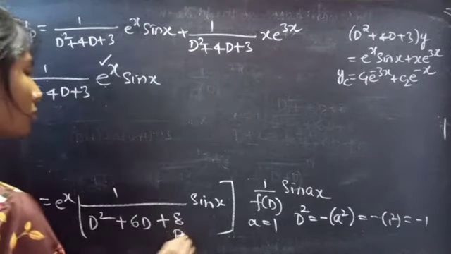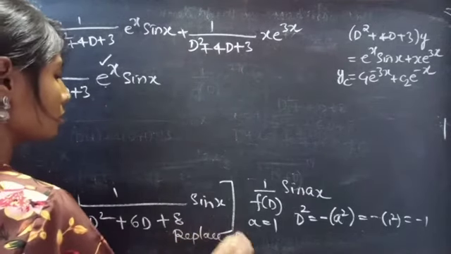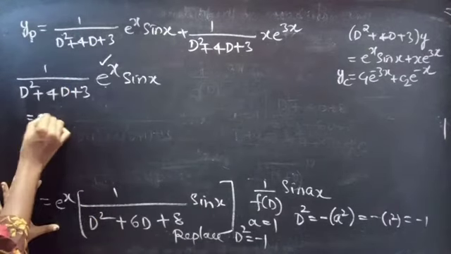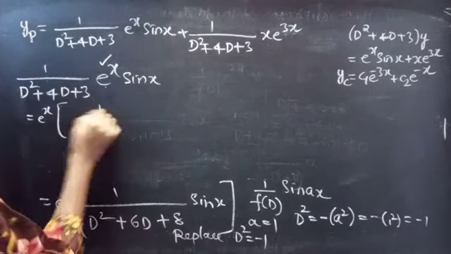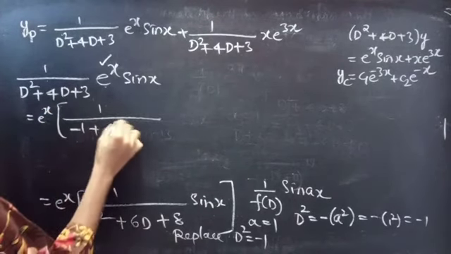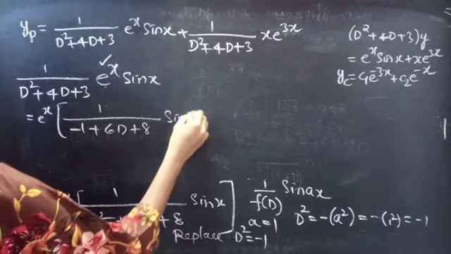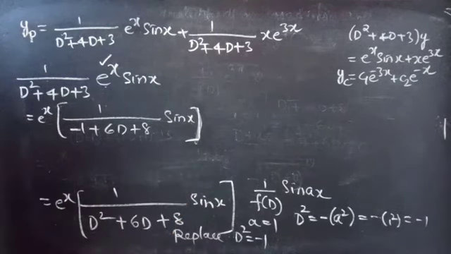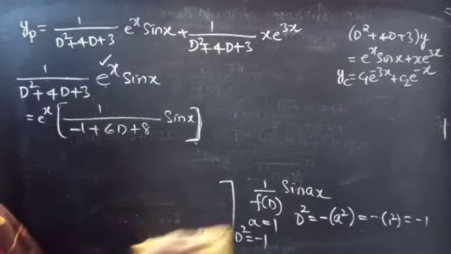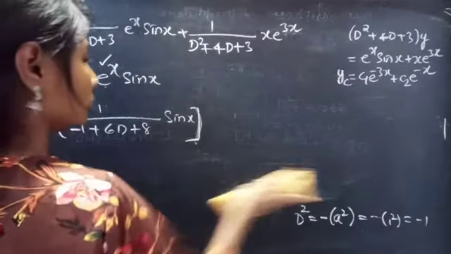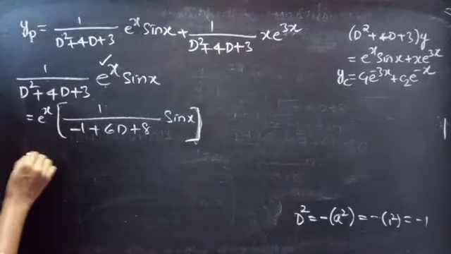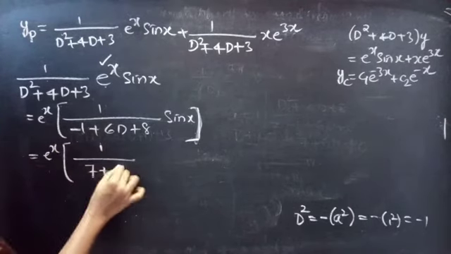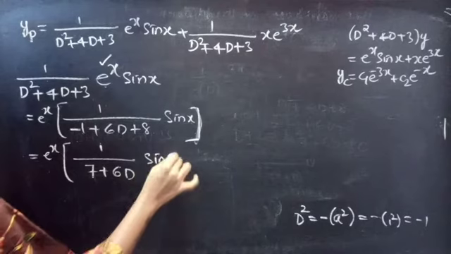Then this becomes e power x into 1 by minus 1 plus 6D plus 8 into sin x, which equals e power x into 1 by minus 1 plus 8 is 7 plus 6D into sin x.